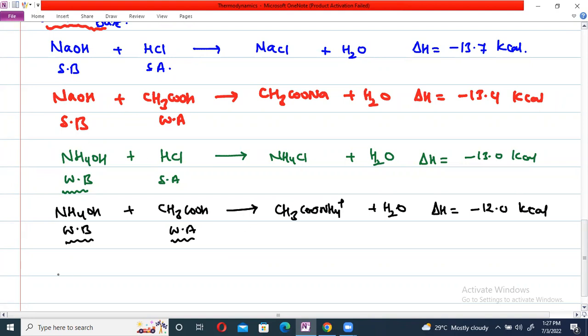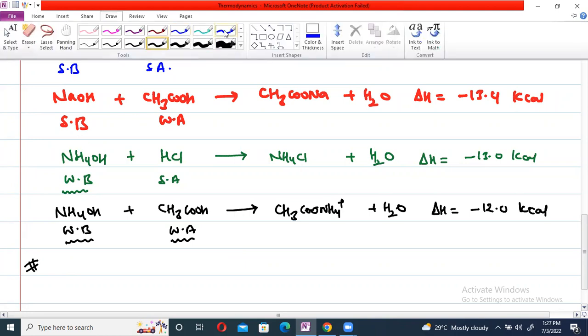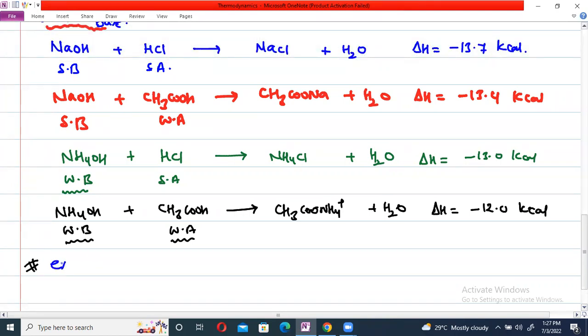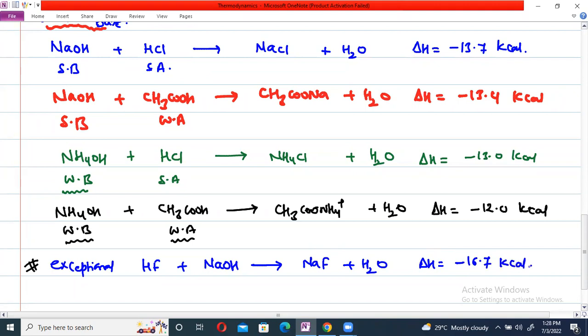But one exceptional case I will tell you, listen here. This is the exceptional case among all. You can see, if you have the reaction of HF and NaOH, they combine together to form NaF plus water. In this case, your delta H value will be much bigger than the standard value.